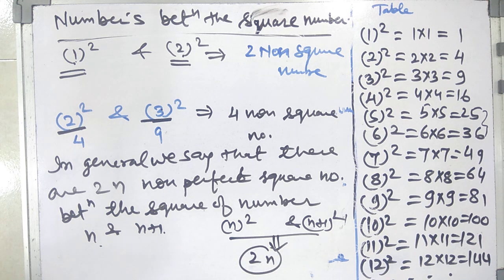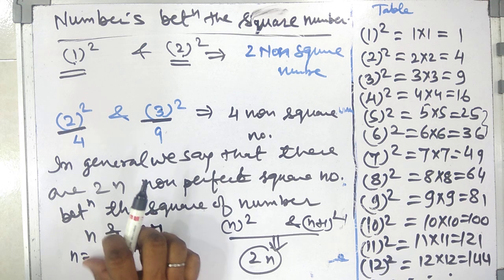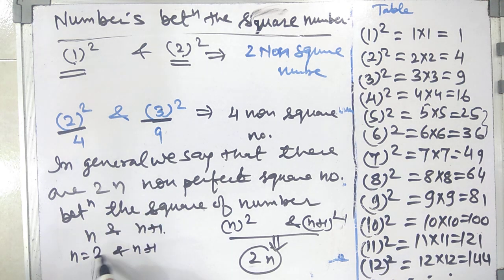Suppose n is equal to 2 and n plus 1 is equal to 3. Then in between 2 square and 3 square, 2n numbers, 2 into 2, 4 numbers.